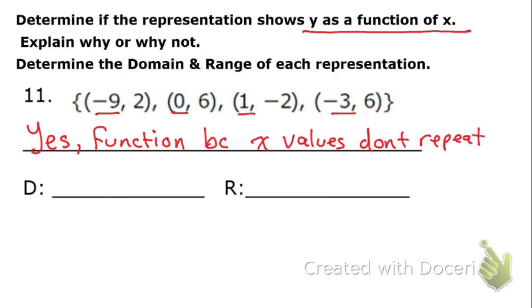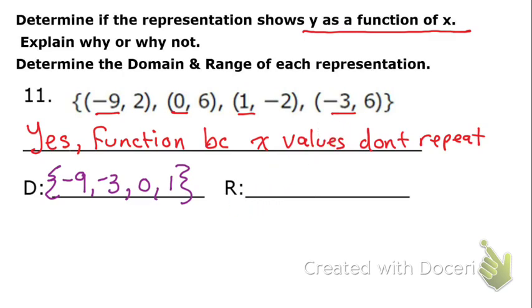All right, now let's list our domain. I've already underlined all the x values. When you write the domain, you do need to write it in order from least to greatest. So we will put a curly bracket, -9, -3, 0, and 1. Again, I wrote the numbers in least to greatest order.